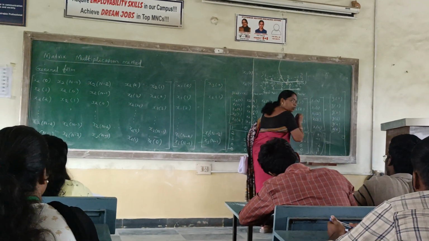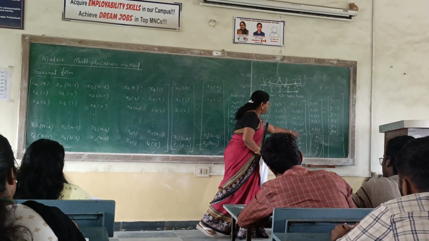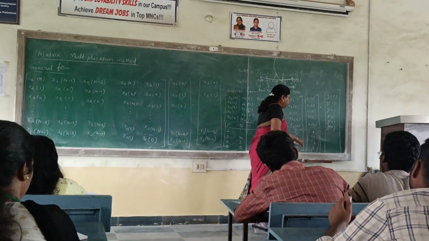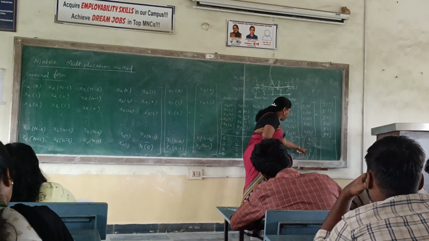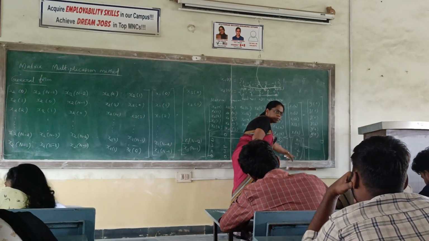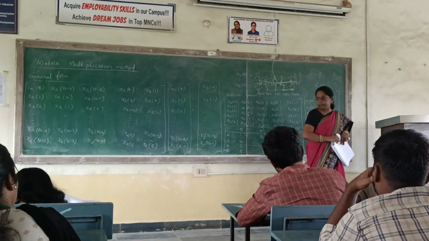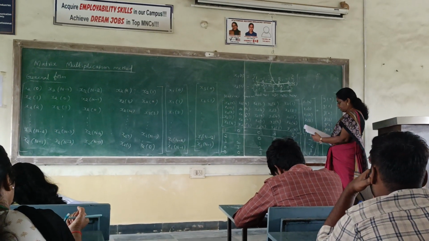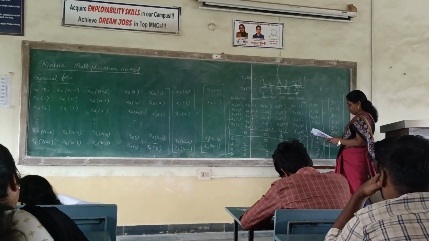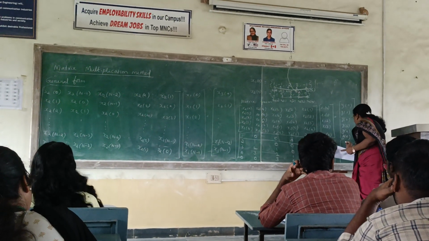If you multiply this one, tell me the first answer. 1 into 1 is 1, plus 3 into minus 2 is minus 6, plus 2 into 3 is 6. Am I right? What is the answer for the first one? 8.